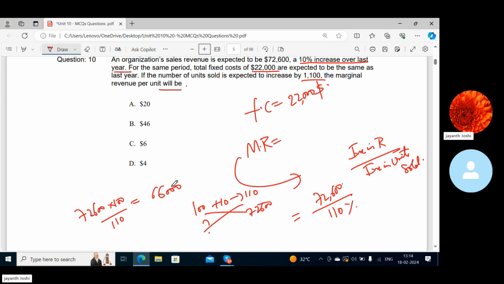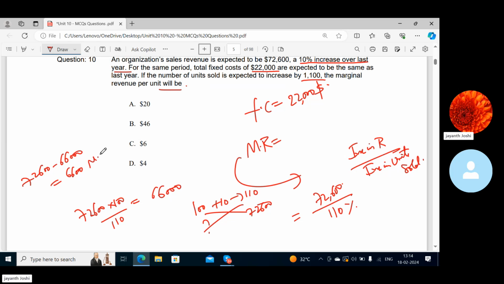So what is the marginal revenue? 72,600 minus 66,000, right? The answer is 6,600. And the additional units you're making is 1100.